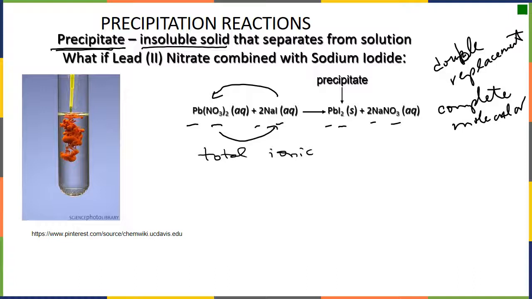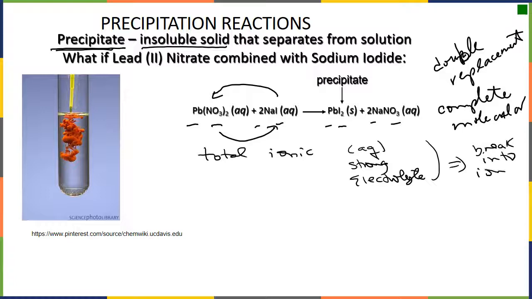The total ionic equation tells us if anything is aqueous and it's ionic, or it's a strong electrolyte, we're going to break it into its ions. If it's a solid, we're just going to leave it as a solid.